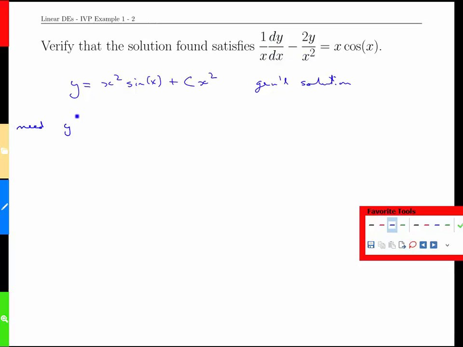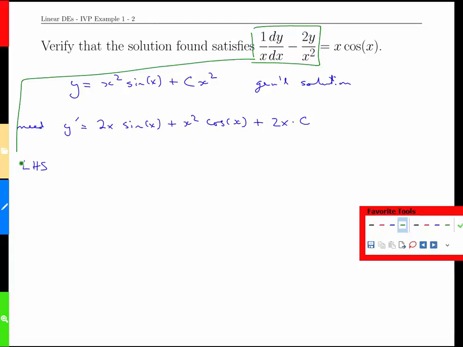To accomplish that, we need y prime. Y prime will be a product rule result here. We'll have an x squared cos of x, and we'll have a 2x times c for the derivative there. Our left-hand side will be 1 over x times y prime times all this.